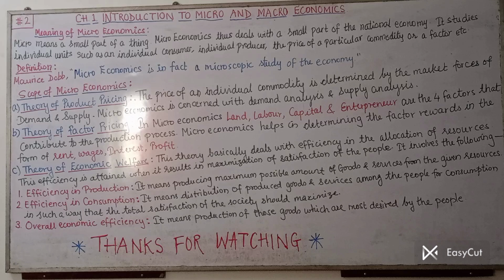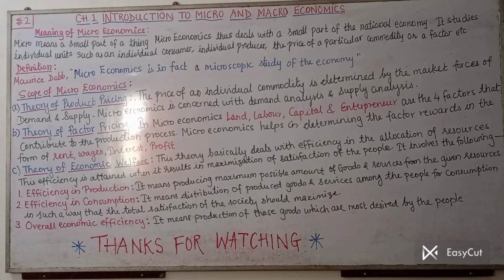Moving on to the next, third area, that is the theory of economic welfare. See, this theory of economic welfare basically deals with efficiency in the allocation of resources. That means while distributing the resources, maximum efficiency should be achieved. This efficiency is attained when it results in the maximization of satisfaction of the people.